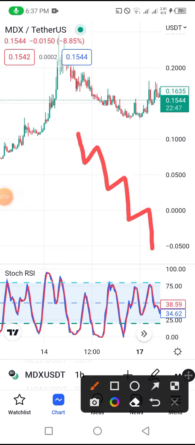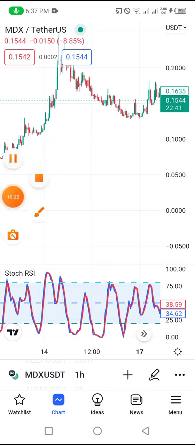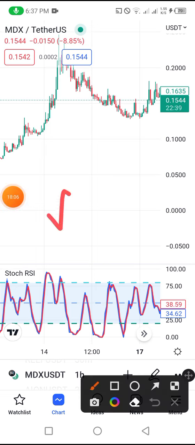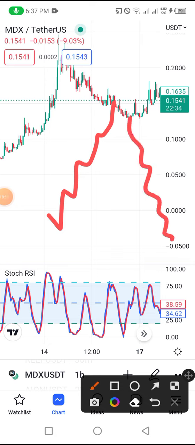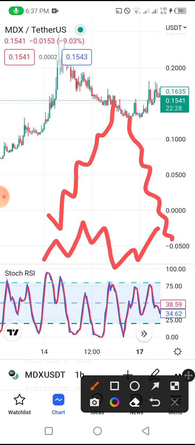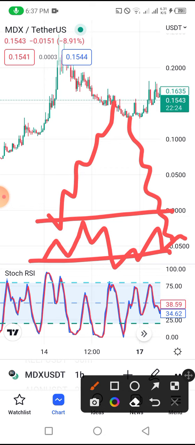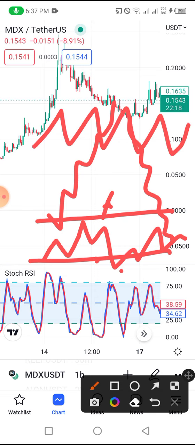And then there is what we call a ranging market, where you really don't see much of an uptrend, neither do you see much of a downtrend, but rather a market that generally moves about certain two points, which we call a ranging market. So there's just that kind of movement.